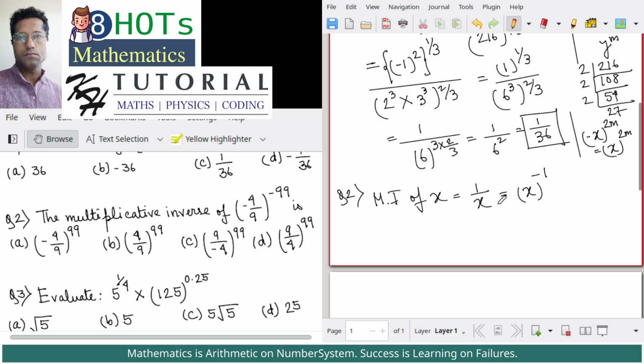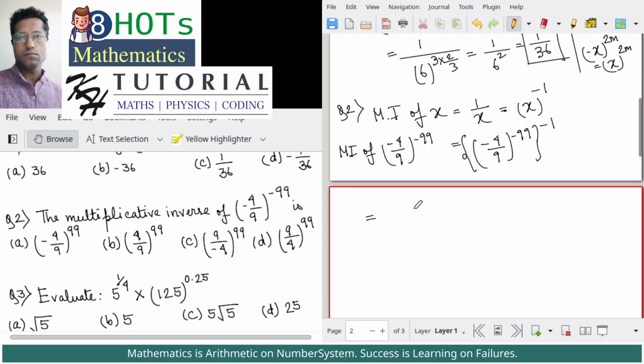The notation in exponential form is x raised to the power -1. Okay, so the MI of (-4/9) whole raised to the power -99 will be equal to (-4/9), this is the given number, and this whole number will be raised to the power -1.